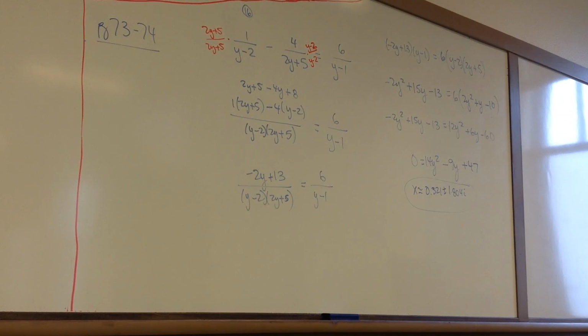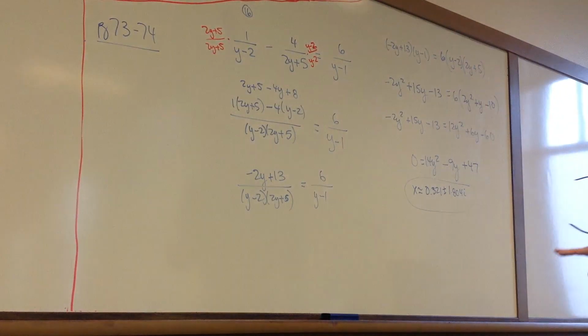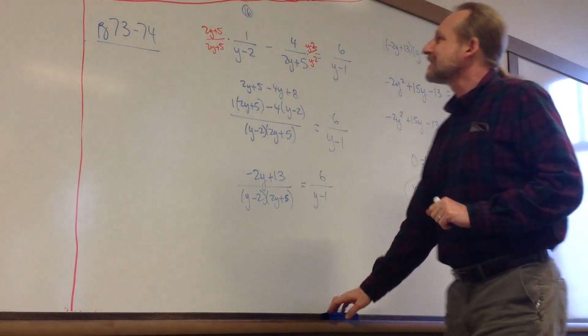Okay, let's see here. Right, okay, so now we're going to look at problems 18 and 20, which are similar to these ones that we were just talking about, but a little bit different. So let's take a look at those.